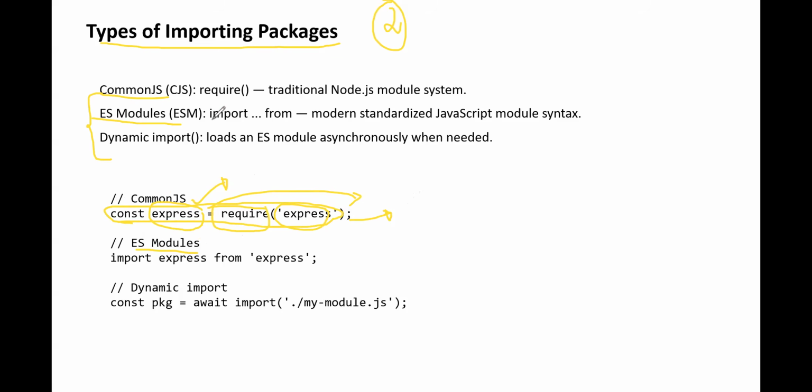And coming to the second one, ES modules. ES means ECMAScript. ECMAScript is used for the new modules or new versions, which we call ES6. In ES6 we can also use arrow functions, and new packages and new modules are created.